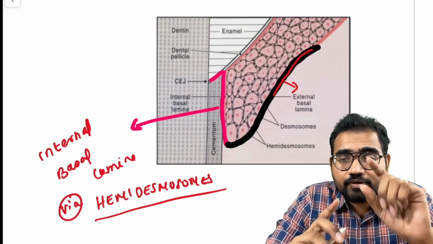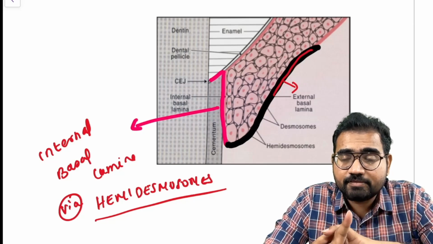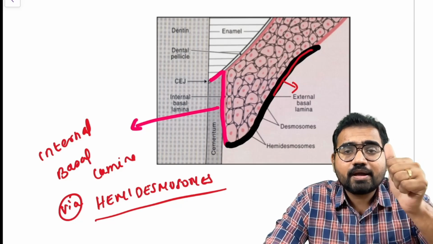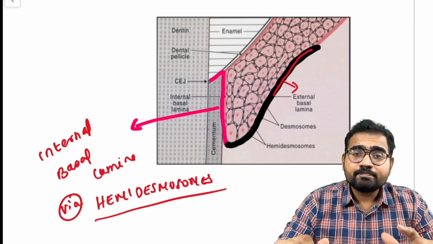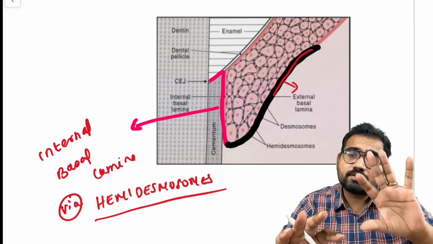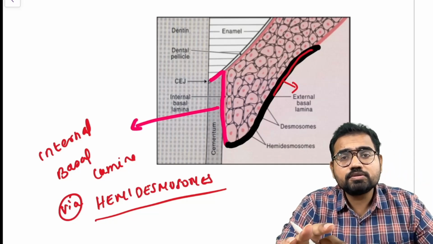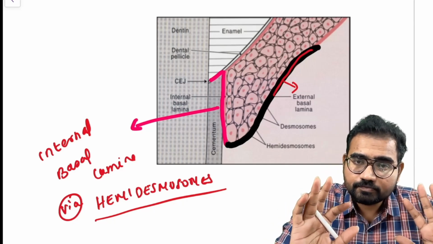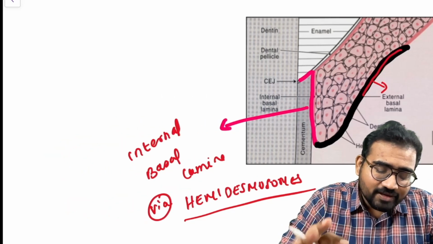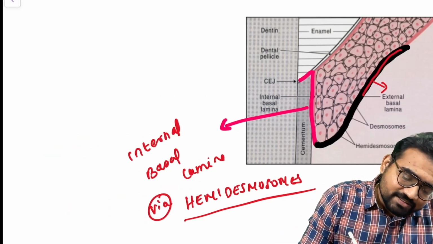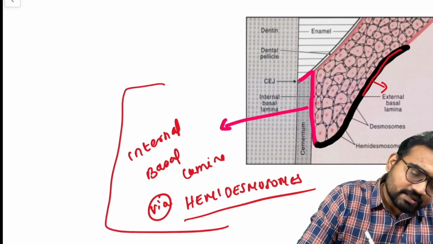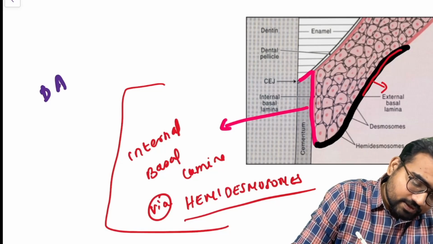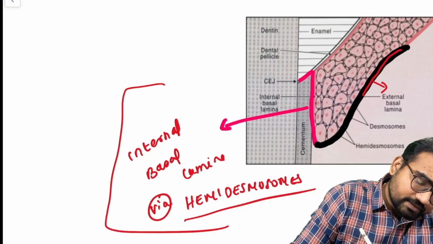So the unique feature of a junctional epithelium is that it has two basal lamina. One is internal, another is external. The internal basal lamina connects the epithelium to the tooth, and the external basal lamina connects the epithelium to the connective tissue. Now I'm going to call the cells of the internal basal lamina DAT cells.